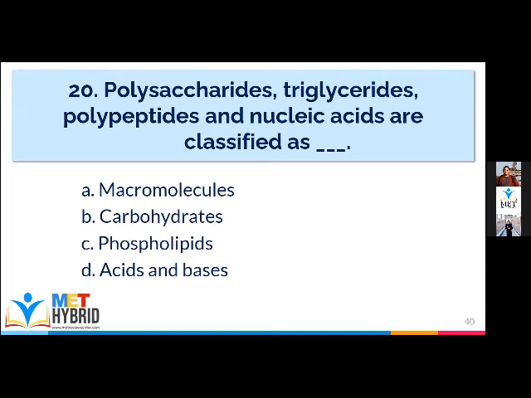Why polypeptide chain? Because what comprises your protein? Ano po yung nag-compose ng protein po ninyo? Starts with letter A. Do you know? Blank acid. What particular acid?